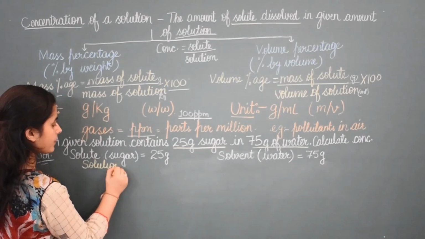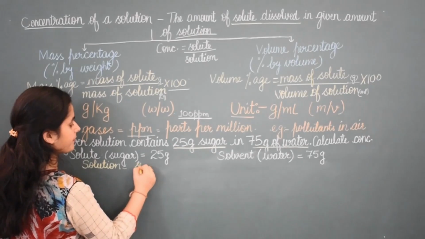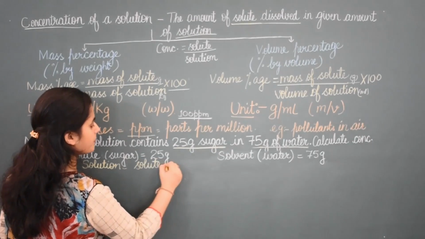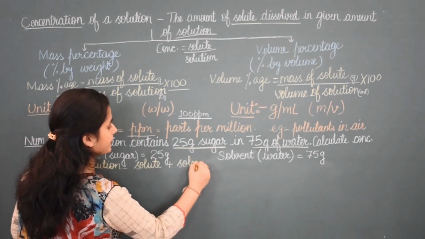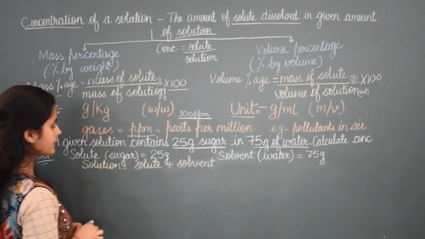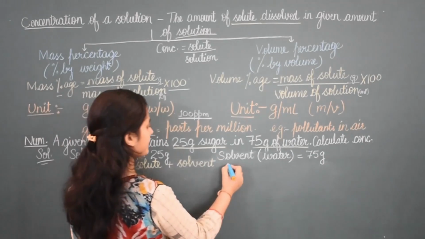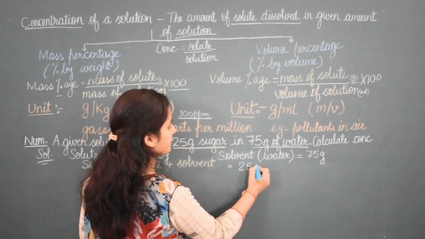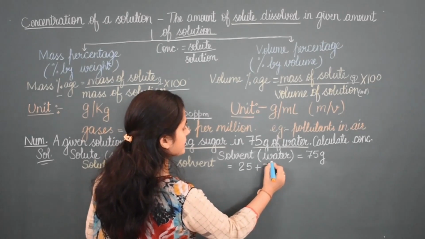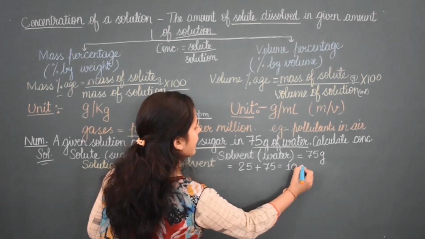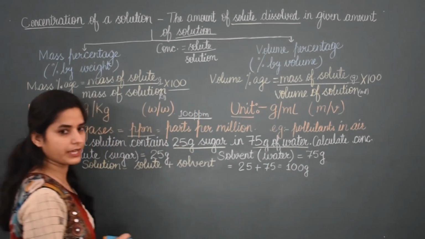How can we find the solution? Simply solute plus solvent. Here solute is 25 gram and solvent is 75 gram. That means we have a total of 100 gram of solution.